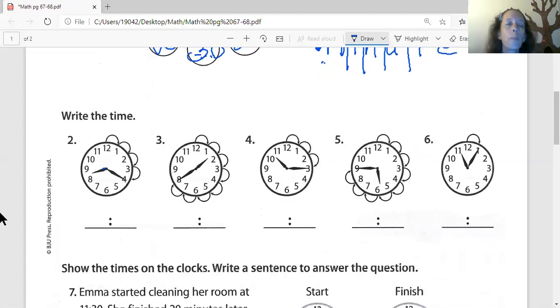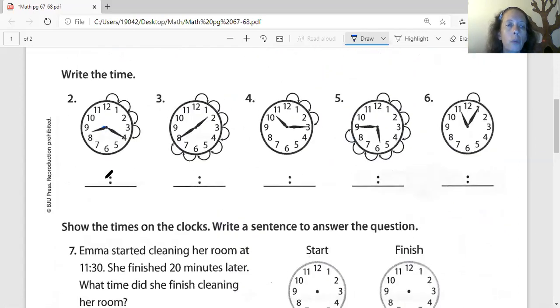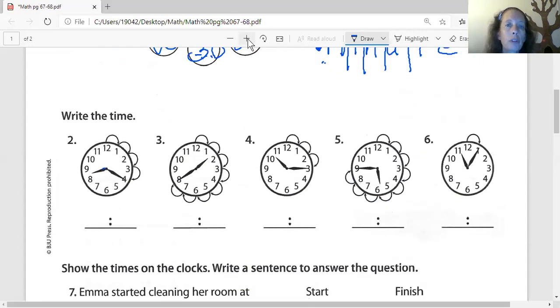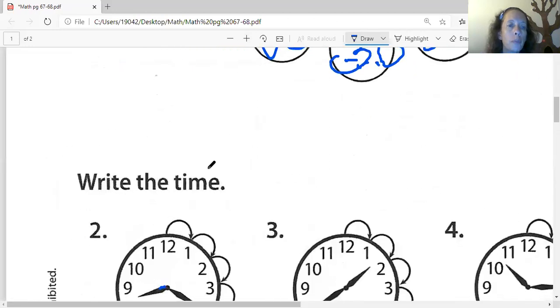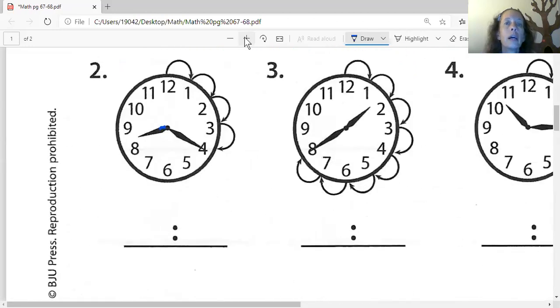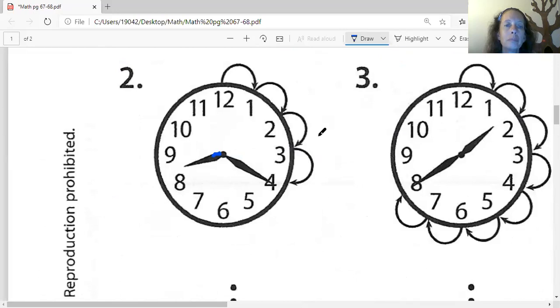Okay, so back to where we're at. Step 1, we need to look at the hour. So let's look at number 2. Rylan, where is my hour hand?